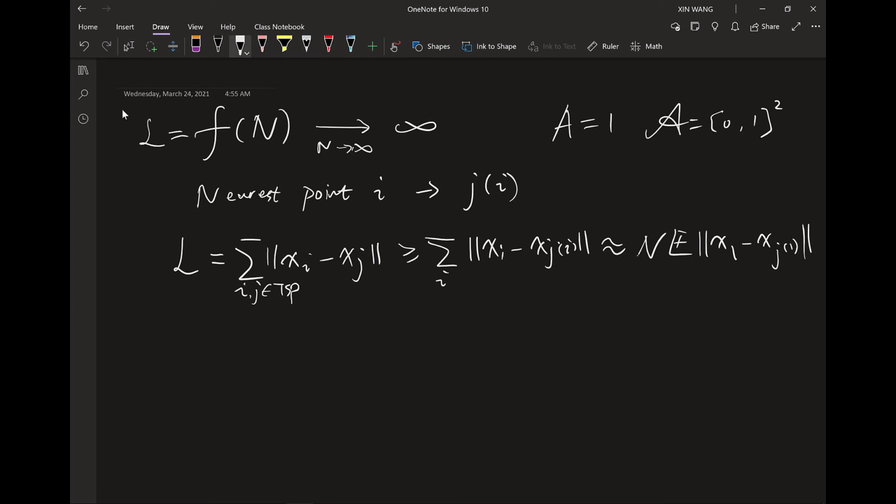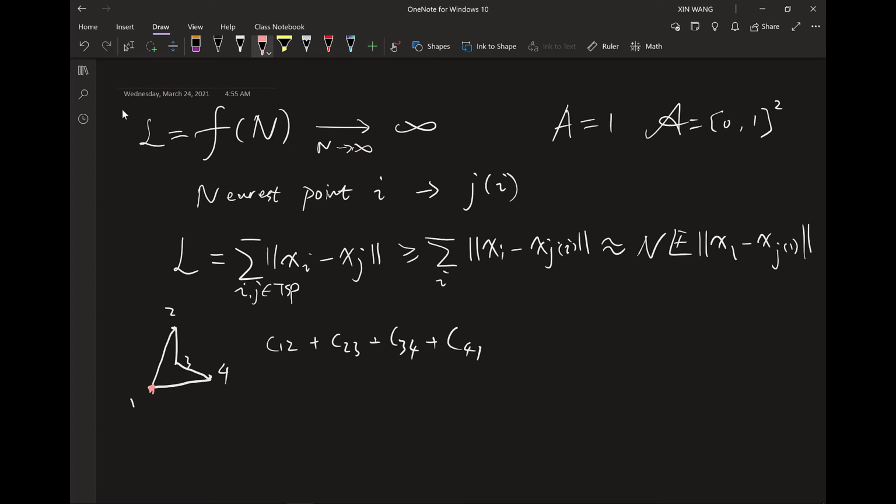For example, if we have 4 points, 1, 2, 3, 4, the TSP tour will be 1 to 2, 2 to 3, 3 to 4, 4 to 1. But actually the nearest distance from 1 is from 1 to 3. So the nearest point to node 1 actually is 3.